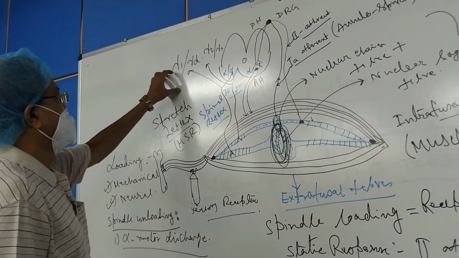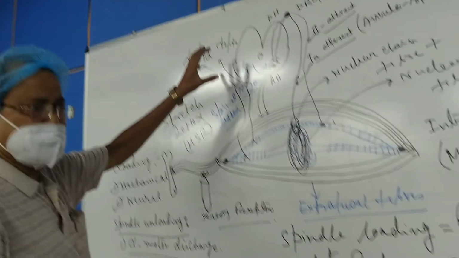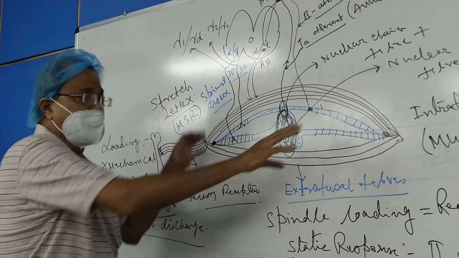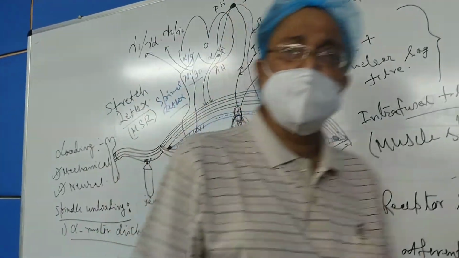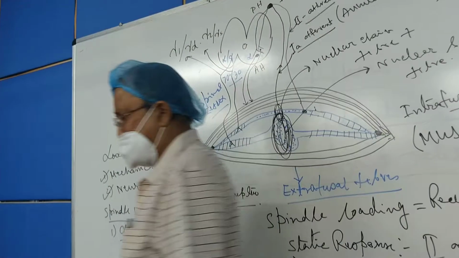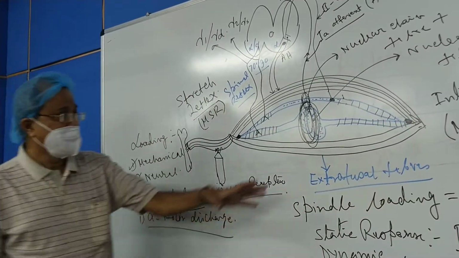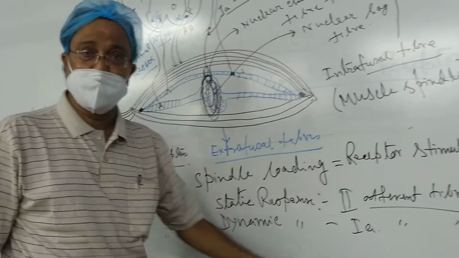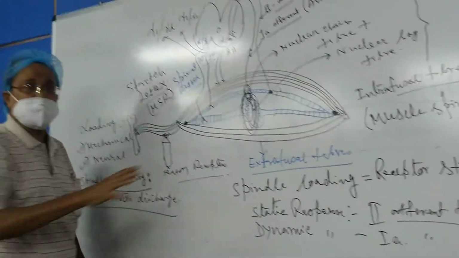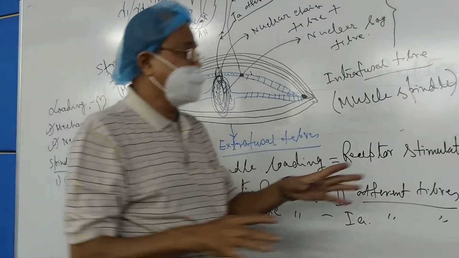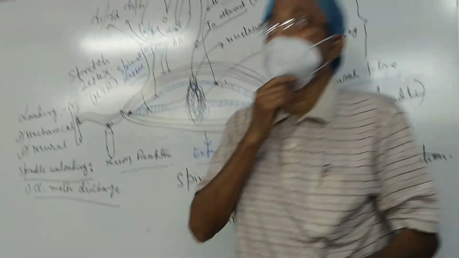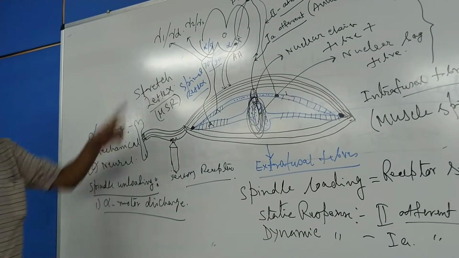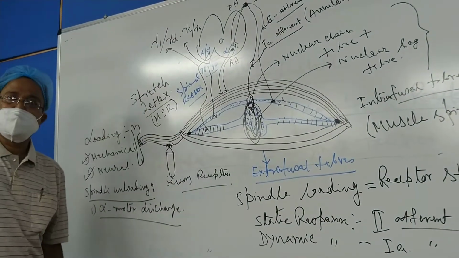Similarly, for gamma dynamic and gamma static, the same thing happens during the neural mechanism of the stimulation of the muscle spindle. Identically. This is about the sensory stimulus, that is the 2 and the 1A, static and dynamic response. Gamma fibers are also, there is no partiality of the nature. The nature, if it gives two sensory supply to a particular structure, it must give two motor supply to a particular structure too.